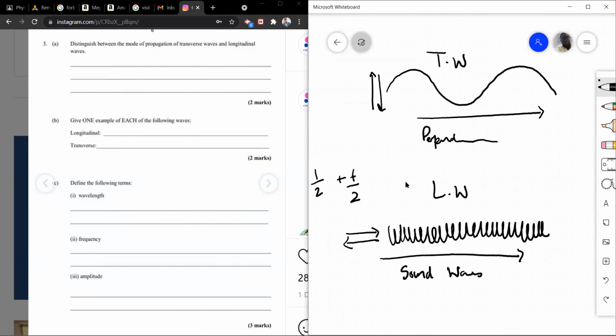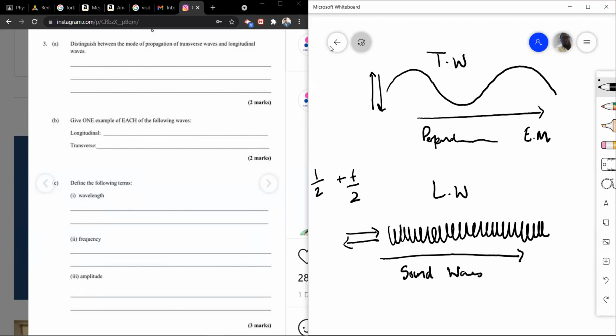I agree. All right, so sound waves would be an example of a longitudinal wave, and for transverse wave, it would be any EM wave. It could be light, it could be gamma, it could be X-ray, it could be microwave, whatever it is.